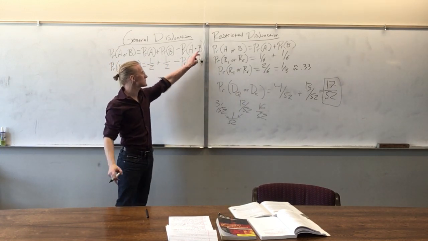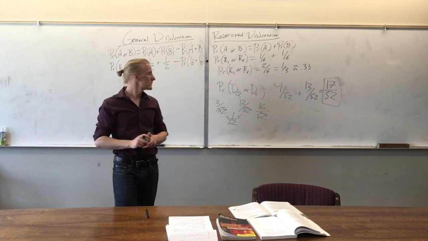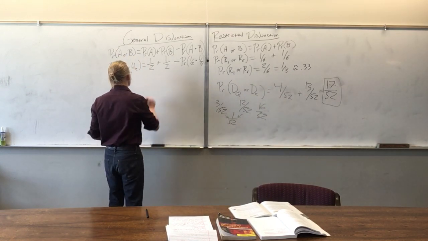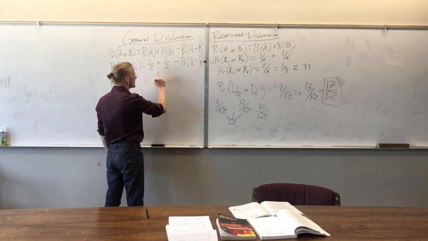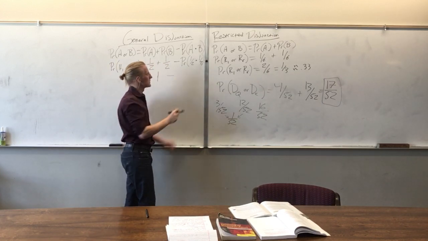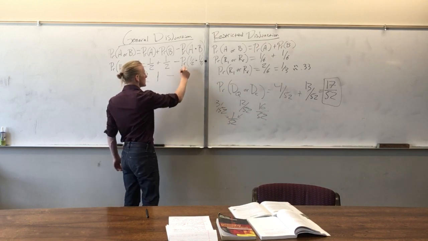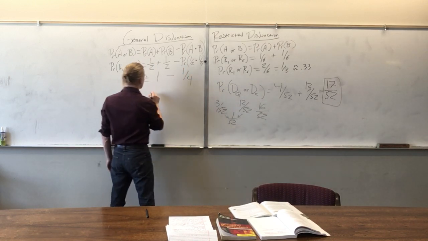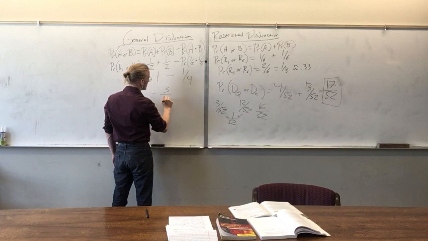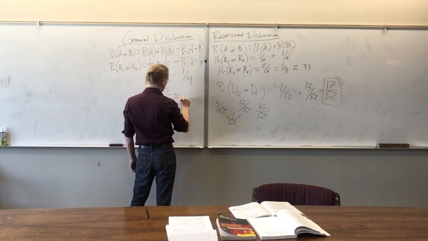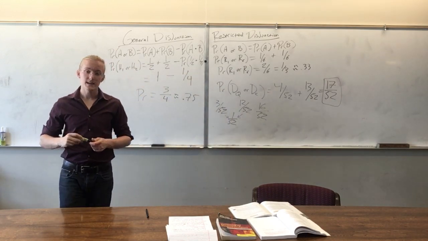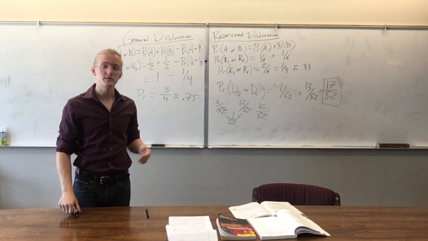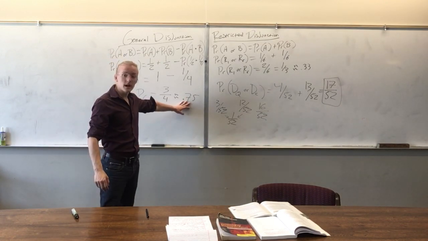Because the probability of A times the probability of B, right? So what we get is 1, because 1/2 plus 1/2 equals 1, minus 1/2 times 1/2, which is 1/4, which equals 0.75. So the probability of getting a heads on either of two flips of a coin is 0.75.